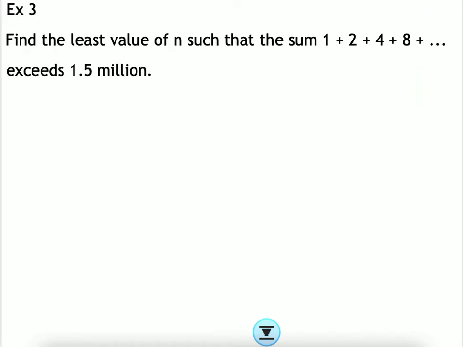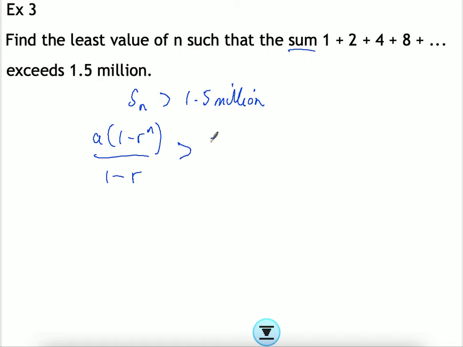Lovely. Similar again to previous sorts of questions. We want the value to exceed 1.5 million, so the sum. This determines that it's a series, not a sequence. So we want Sn to be greater than 1.5 million. So that is A, 1 subtract r to the n, over 1 subtract r, is greater than 1,500,000.